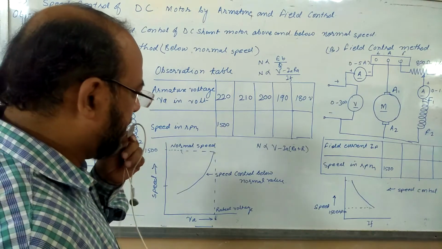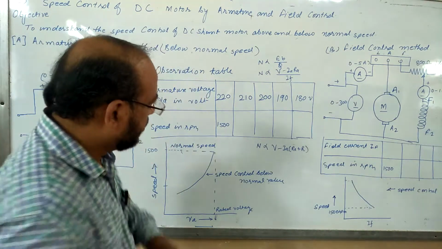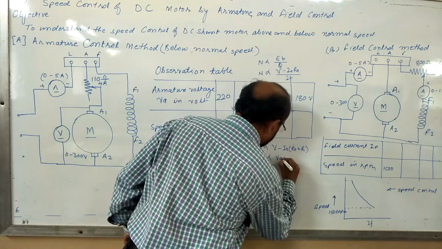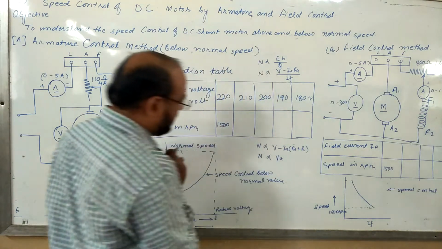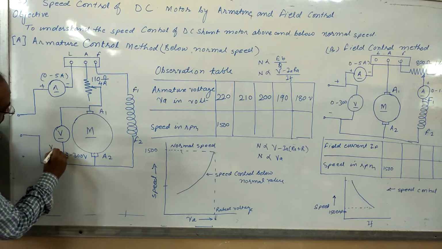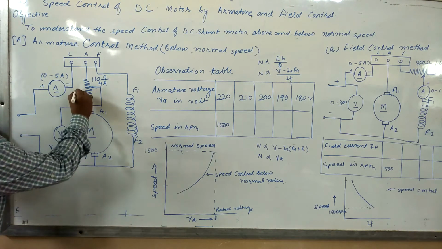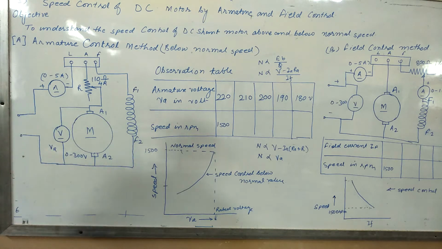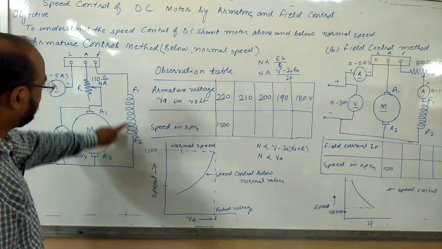speed below normal value. So N is directly proportional to Va, where Va is nothing but the voltage across the armature, and external resistance R is added in series with the armature. We are keeping the field current constant.